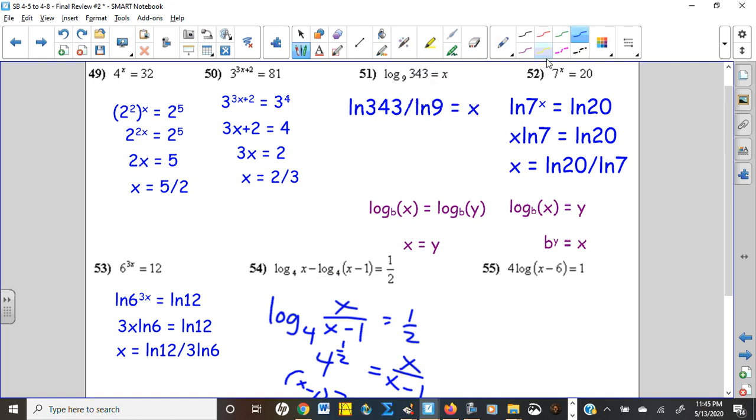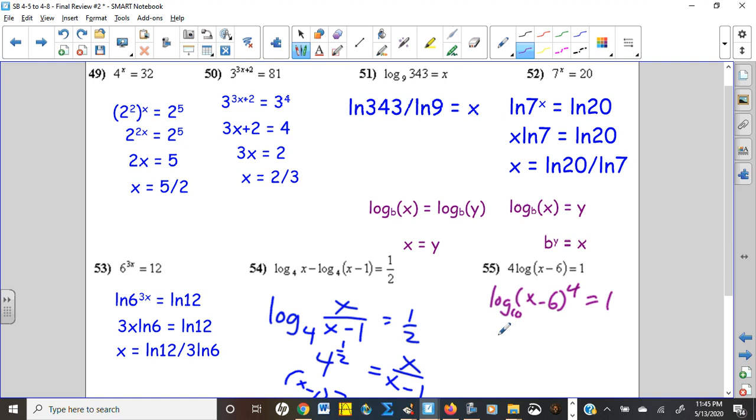We've got this 4, which could definitely be pulled inside. So we'll do log of (x minus 6) to the 4th power is equal to 1. Now remember, this log has no base shown, so that implies it's base 10.